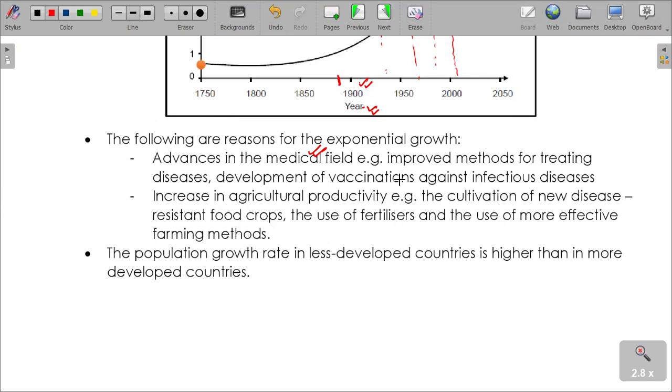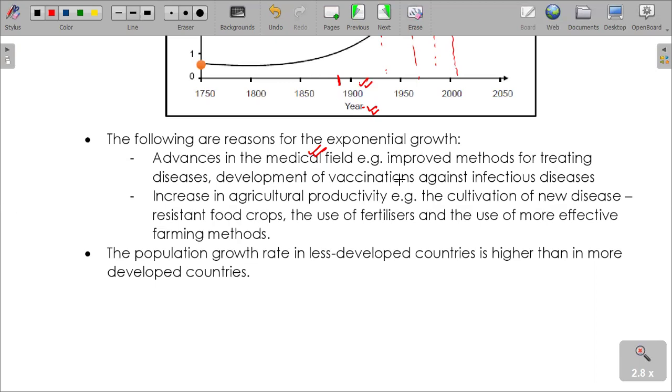Looking at methods of treating diseases some years back, before the 1990s, there were some diseases which were killing young babies or infants, the six killer diseases, like measles, diphtheria, tetanus, and quite a lot of other diseases.